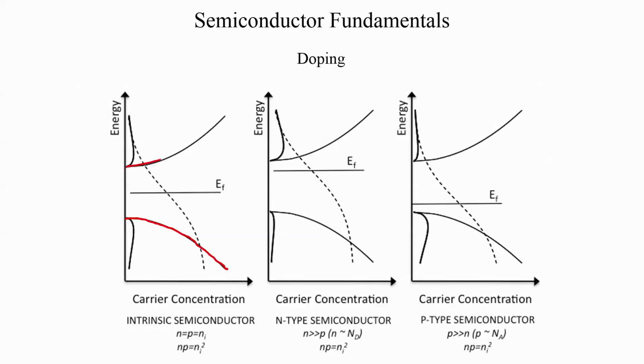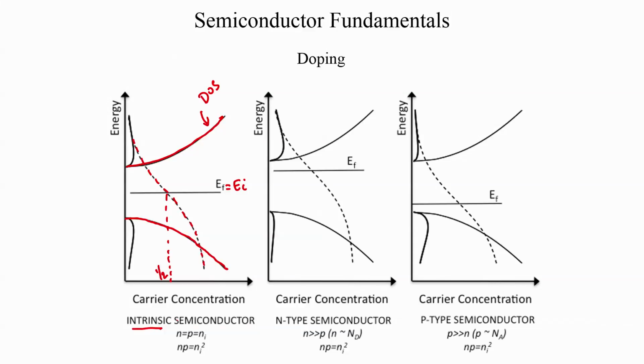That is density of states versus energy. This dotted line is the Fermi function, f of E versus energy, and as we noticed it takes a value of half when E is equal to EF. And since this is an intrinsic semiconductor, this EF is equal to EI. So that is my intrinsic semiconductor position.